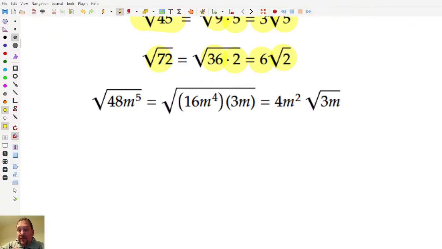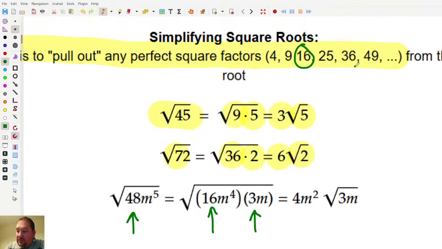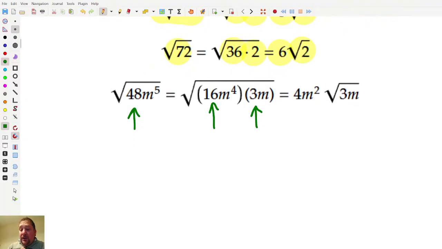Here's an example that involves a variable. So 48, I recognize, is 16 times 3. Again, 16 is the largest perfect square factor that evenly divides 48. Now I want to talk about m to the 5th. M to the 5th is m times m times m times m times m.